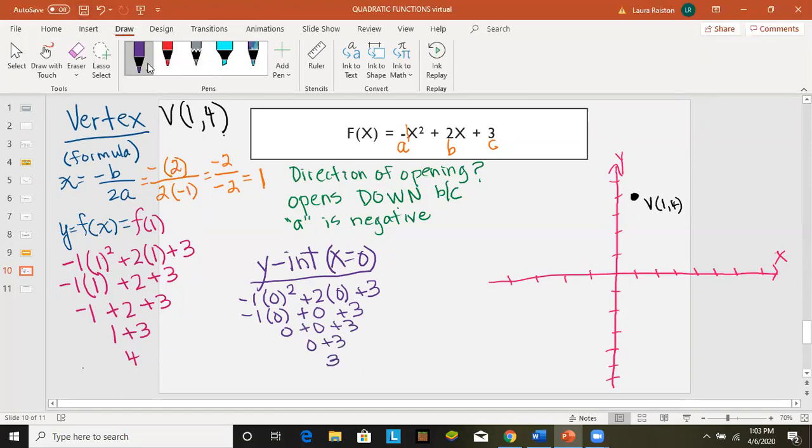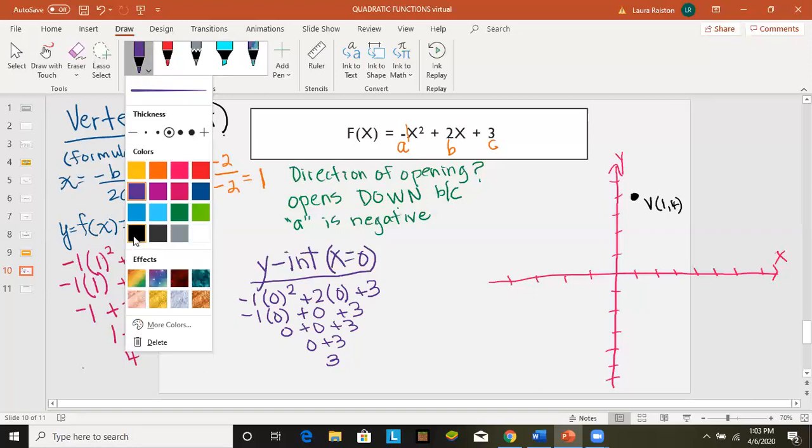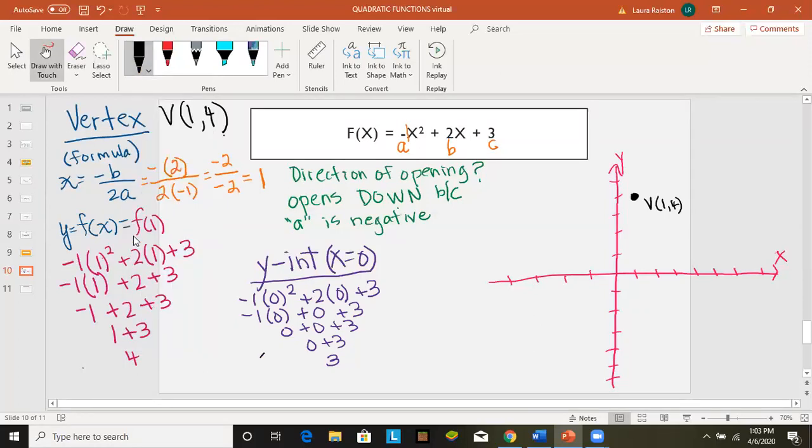So my y-intercept, written as an ordered pair, x comma y, would be (0, 3). So visually on the graph, my y-intercept is at this point right here.